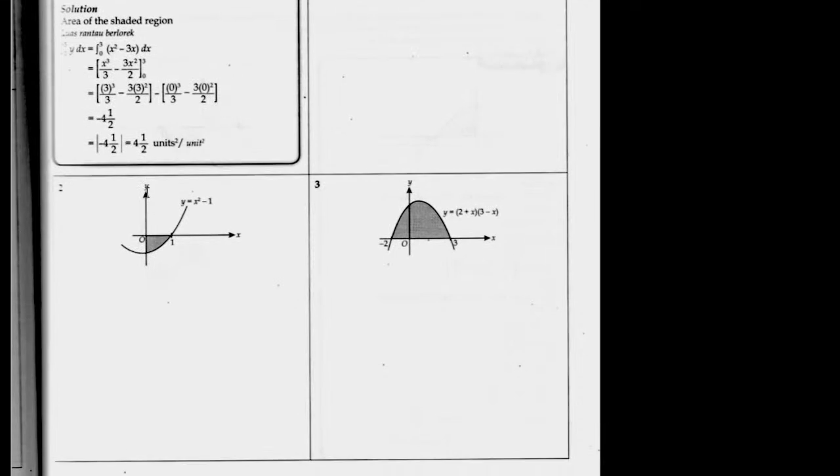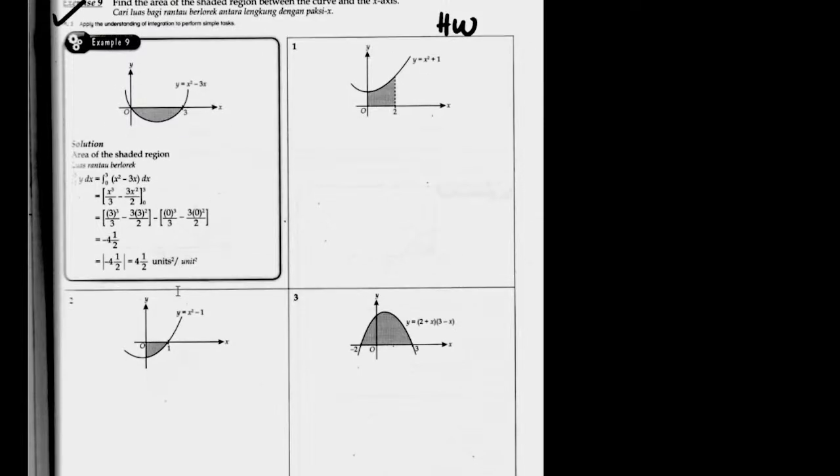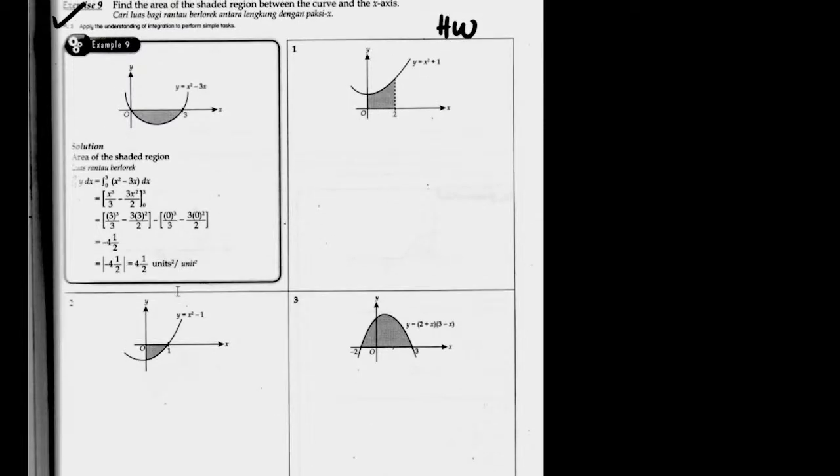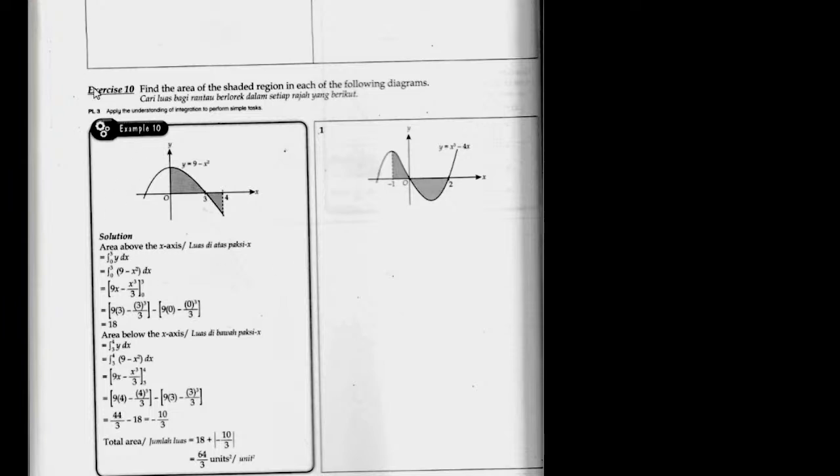This is page 61. Try all the area of shaded for this, questions 1 until 5, and also try exercise 10. These two first.